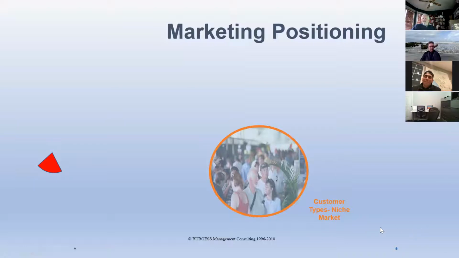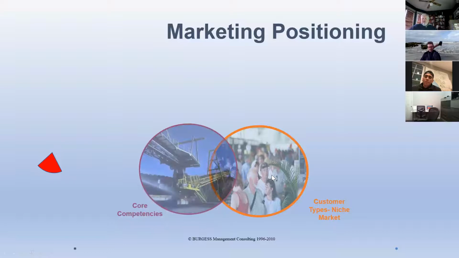So that's about it. If we look then at the customer and we identify the types of customers in the niche market, what we're trying to do is look at our core competencies, whether it would be a coal mine or software or menu services and credit card processing services that Edgar is doing, or cleaning up spills like Christian does.